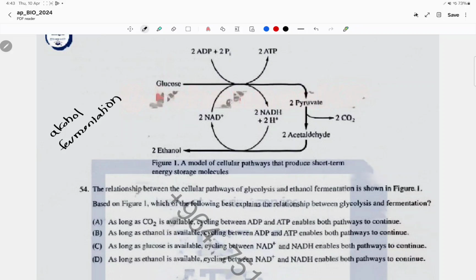Well, fermentation is able to reproduce 2 NAD plus to be reused by the cell. So you must be always cycling back NAD plus so it can be used by the cell. And the source of the NAD plus is the glucose. So it is C.